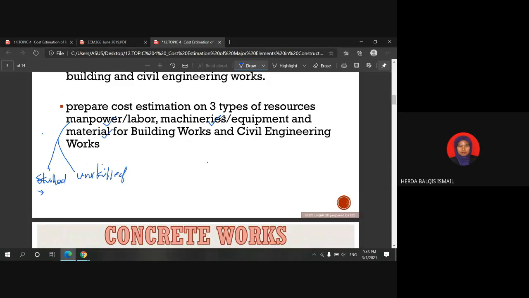So for machineries or equipment, there are two types of costs which need to be calculated: the first one is owning cost, and the second one is the operating cost.